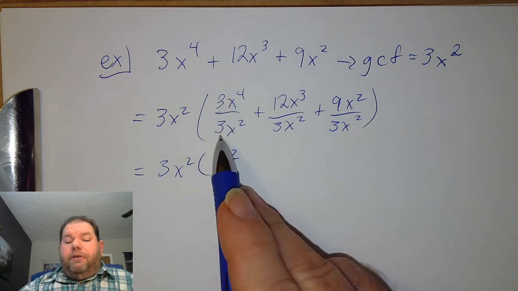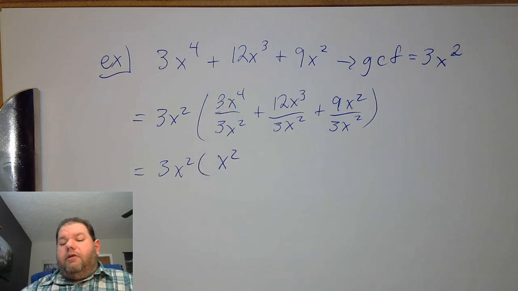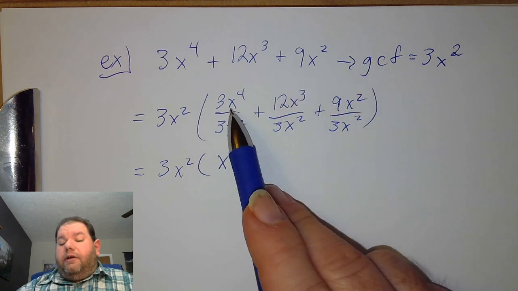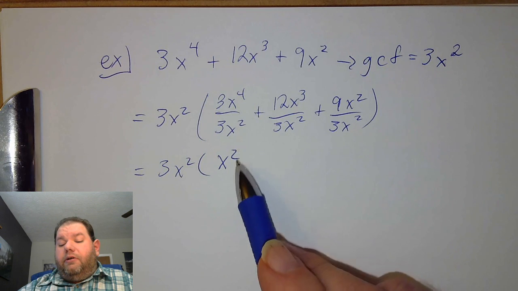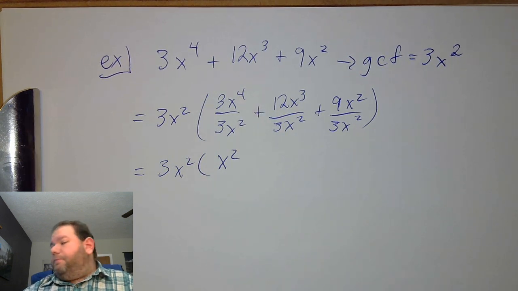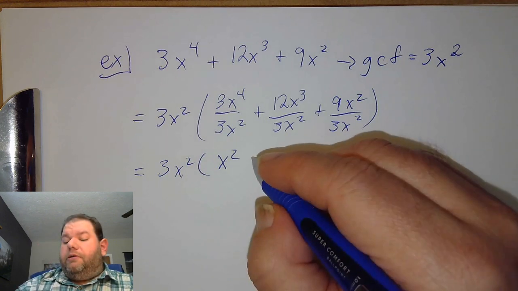Yeah, 3 divided by 3 we know is 1, so there's really no need to write the 1 in front of that, as long as there's something else here. And then x to the 4 over x squared is x to the second, because we subtract 4 minus 2 is 2. Good. What about our middle term?